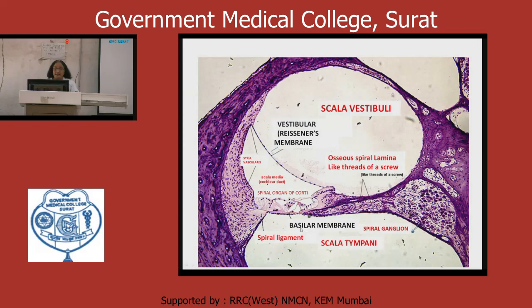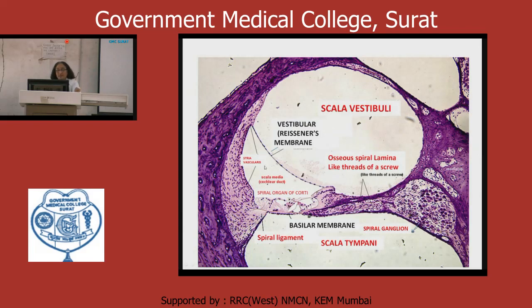So the cochlear duct lies between the vestibular membrane in the upper part and the basilar membrane in the lower part, on which the spiral organ of Corti is located.